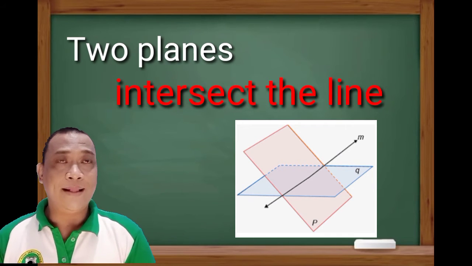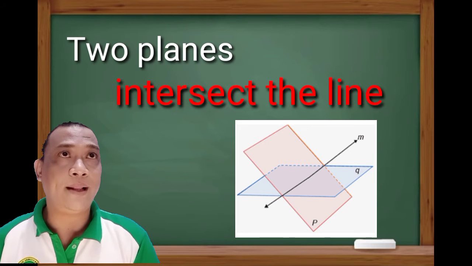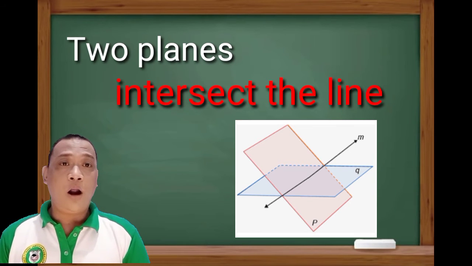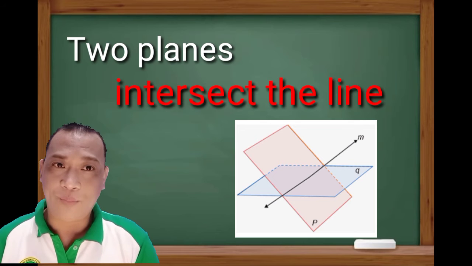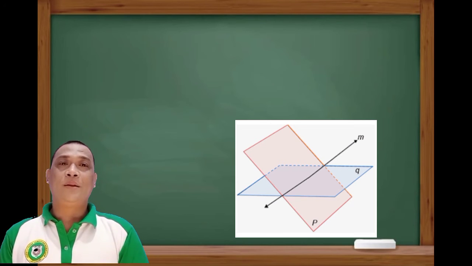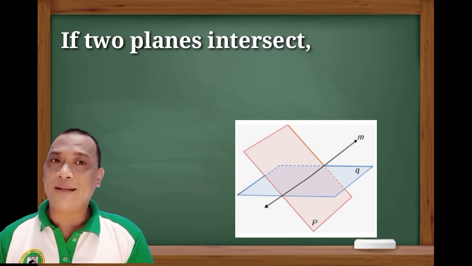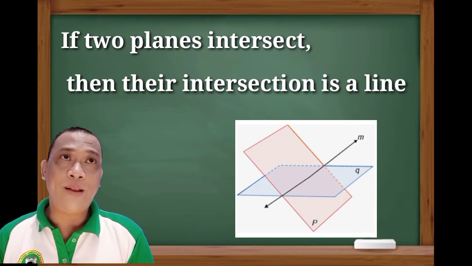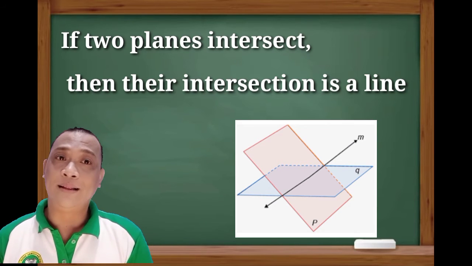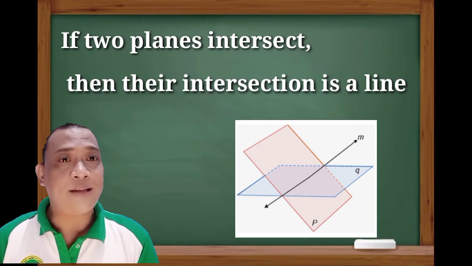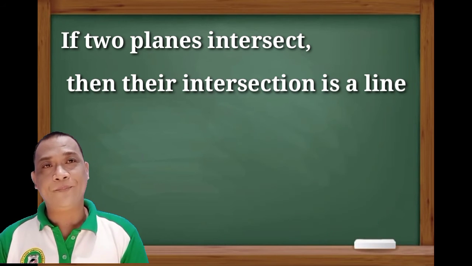Correct. That is a predicate. Therefore, our subject is two planes. The if-then statement is, if two planes intersect, then their intersection is a line.